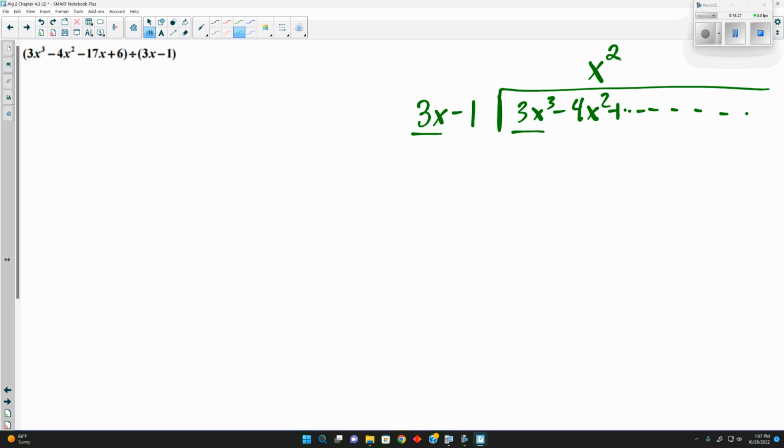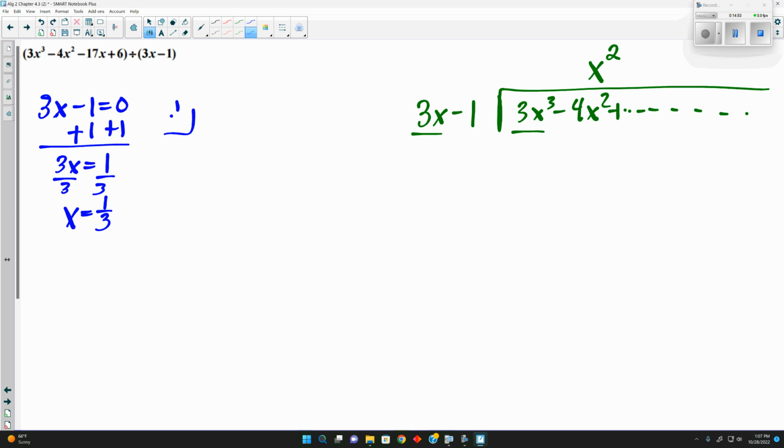So if we did synthetic division, we'd start off with 3x minus 1 equal to 0, yes? We'd add our 1. So again, I would say watching at this point. So we would add 1, 3x is equal to 1. Divide by 3, so x is equal to 1/3.